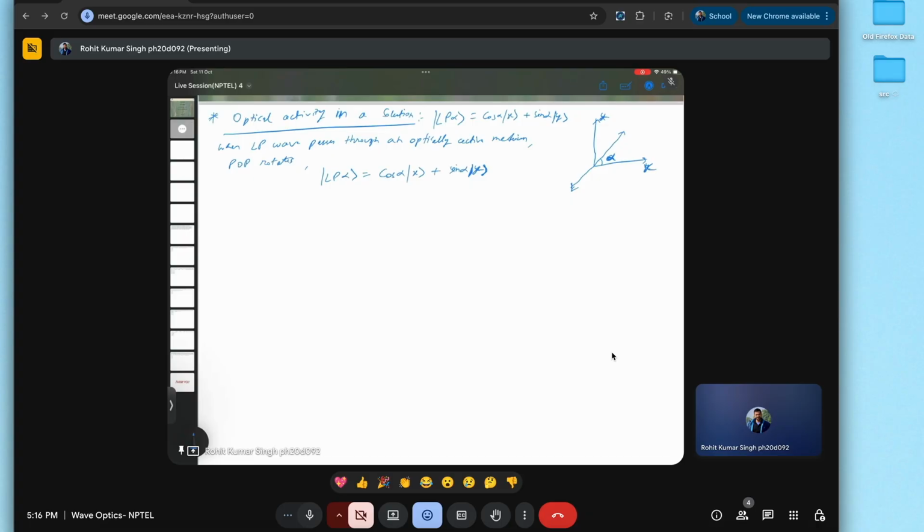And you guys know that an x polarized wave can be written as a superposition of what? Right circularly polarized wave and left circularly polarized wave, if you remember.